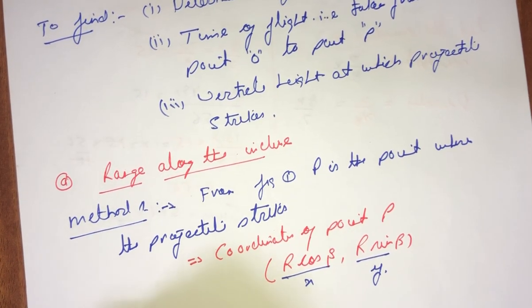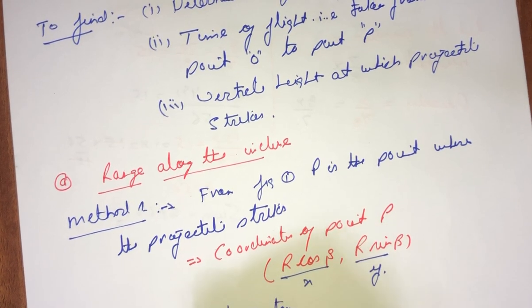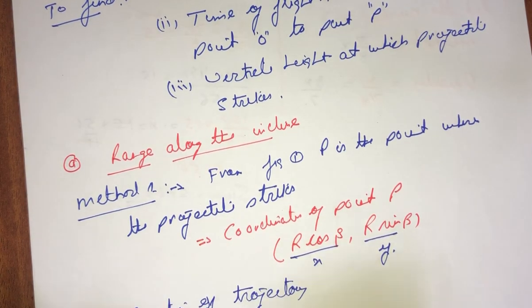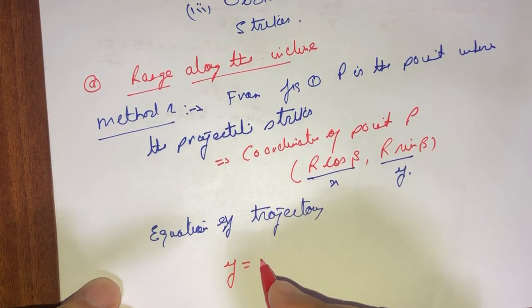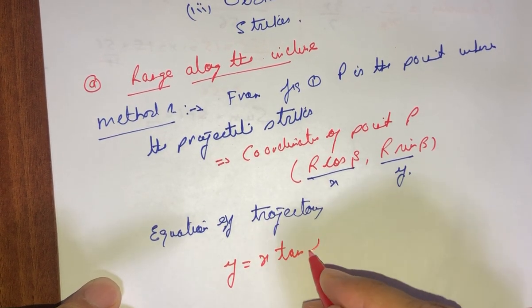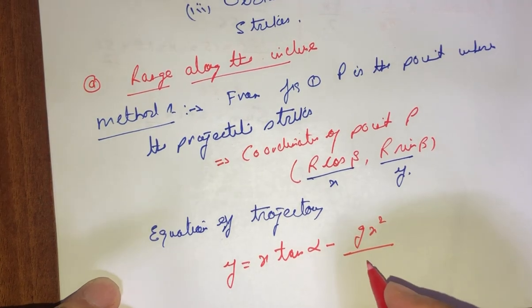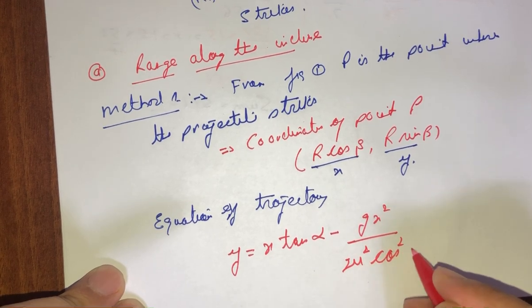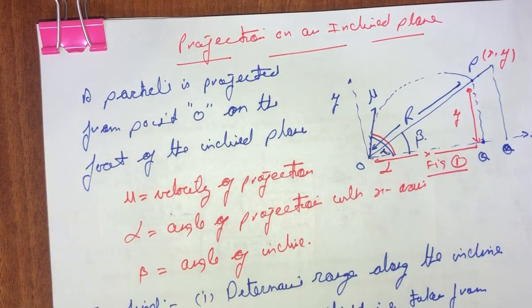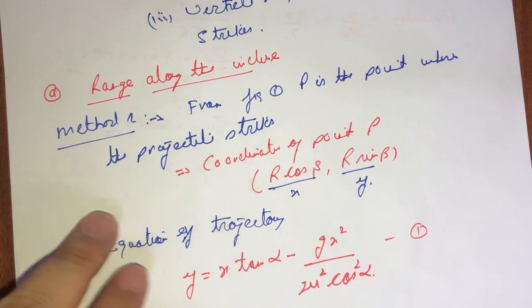The equation of trajectory is given as y equals x tangent alpha minus g x square divided by 2u square cos square alpha. Let us call this equation number 1.